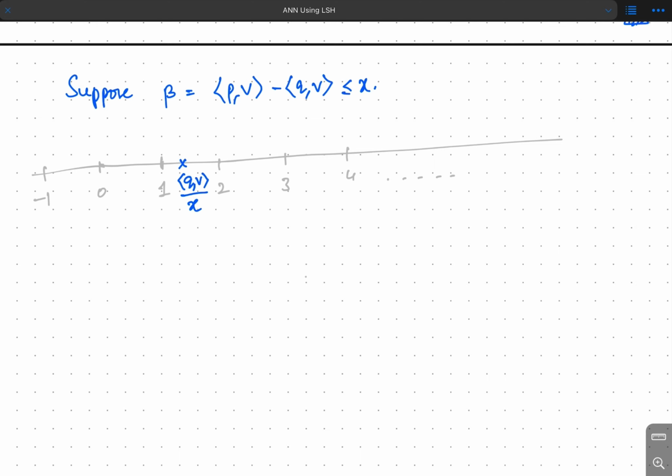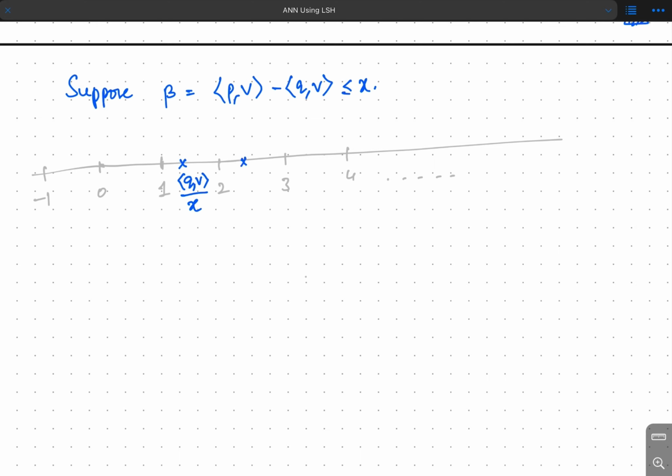Now since p comma v divided by x is less than or equal to 1 plus q comma v divided by x, we have that p comma v divided by x will lie somewhere over here.